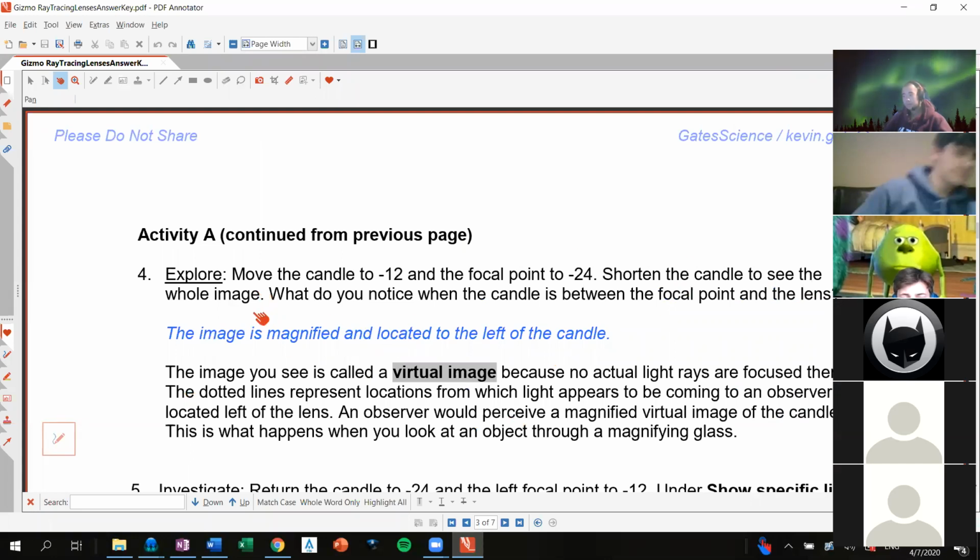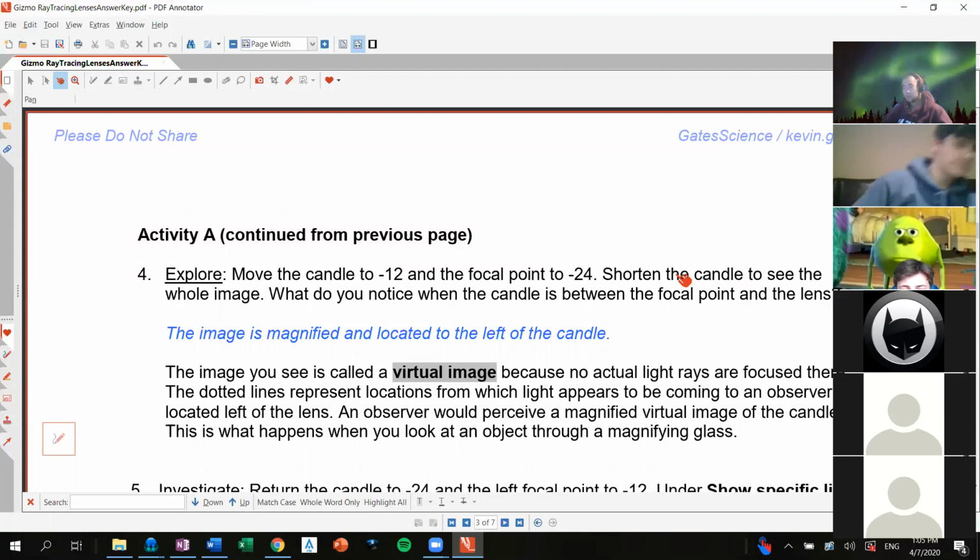Question 4 asks us to explore and switch the location of the candle and the focal point. So now we've got the focal point on the far left side at minus 24 units and the candle at minus 12. It asks us to shorten the candle so that we can see the whole image and make some observations of what happens. What did we notice that happened there? Well, we should have seen that the image is magnified and located to the left of the candle.